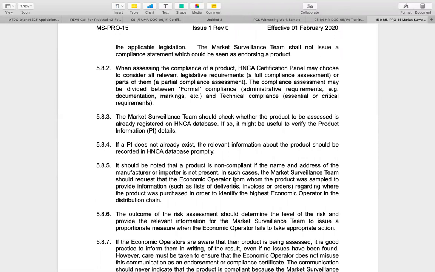During the product assessment, we can also check whether this product is in our database, that means it has been certified and we have the certification records and data in our database. If it's not, then this has to be reported to the panel.